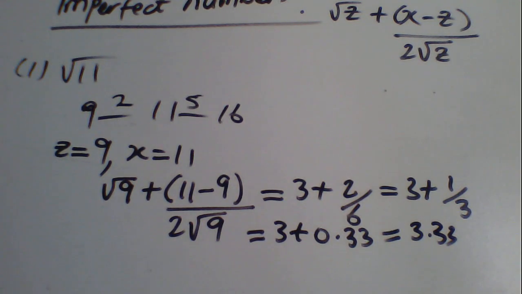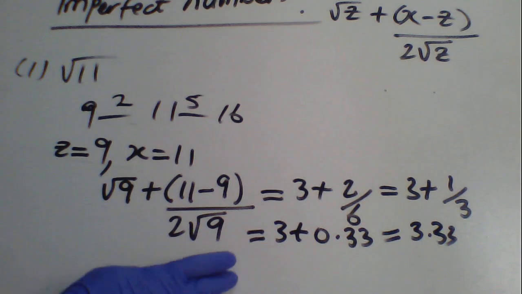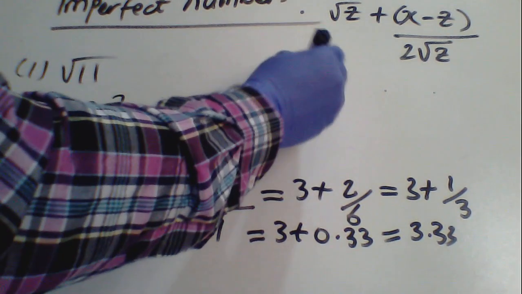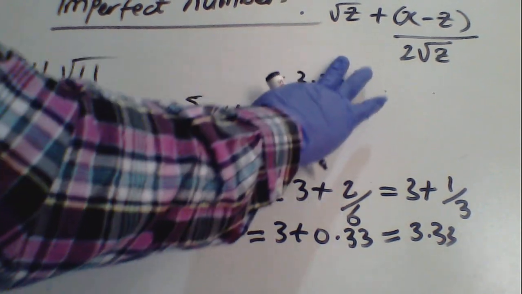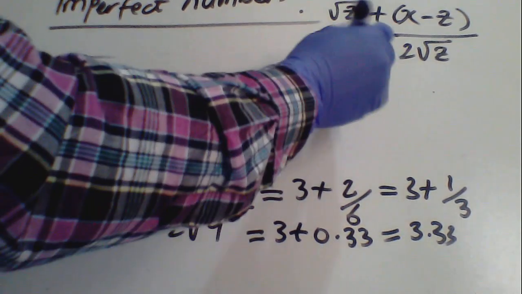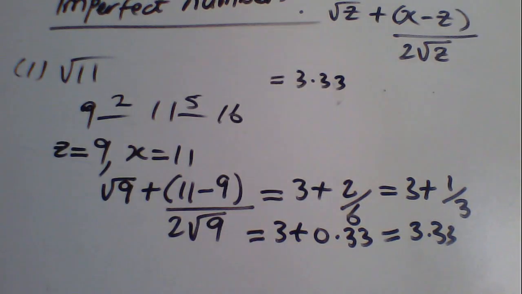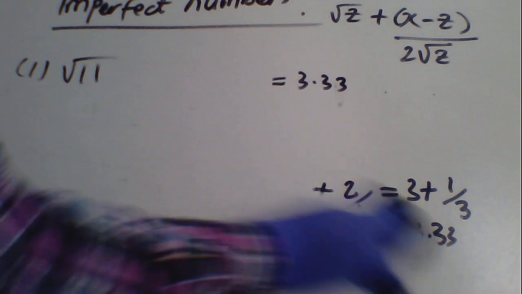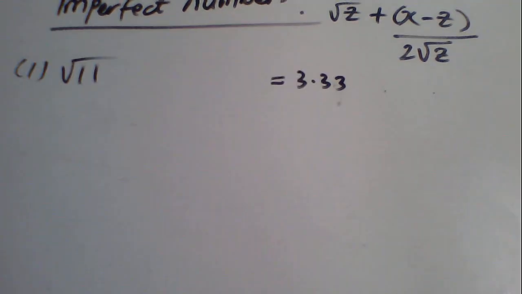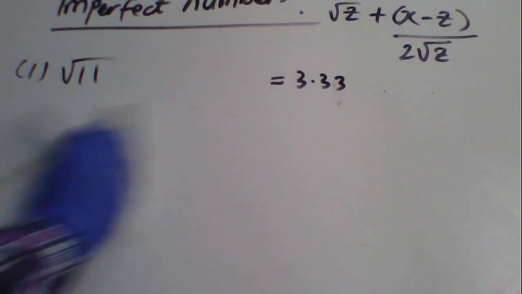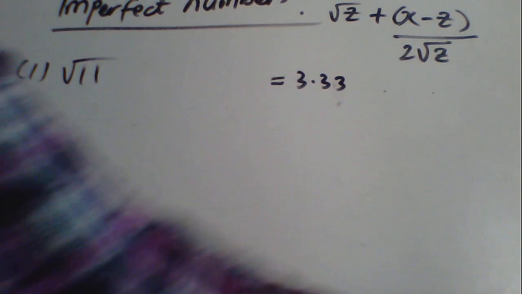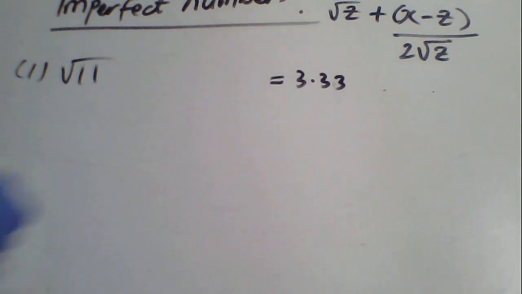Using this formula, what we have is 3.33. But we don't know if this is actually the value of the square root of 11. So the next thing we have to do, because of decimal digit error, as I have said earlier, is to test our answer for accuracy.